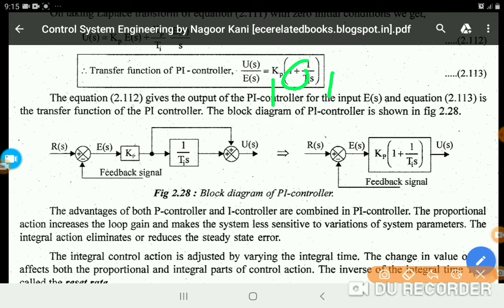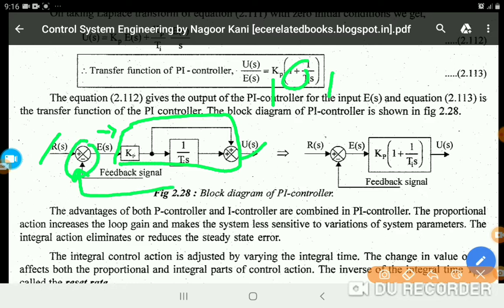We can make a plus with a parallel. So first take R of s, E of s. We need to introduce E of s to the controller. So this is the controller part. The input for the controller is E of s. How can we get E of s? From a feedback signal and a summing point on the left side, the input side.